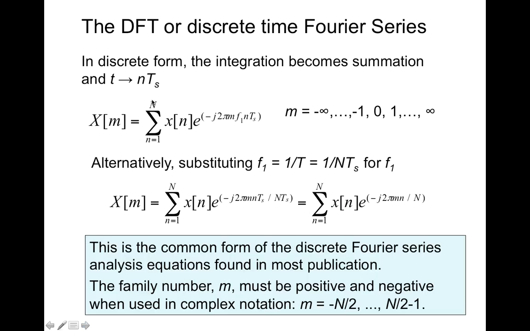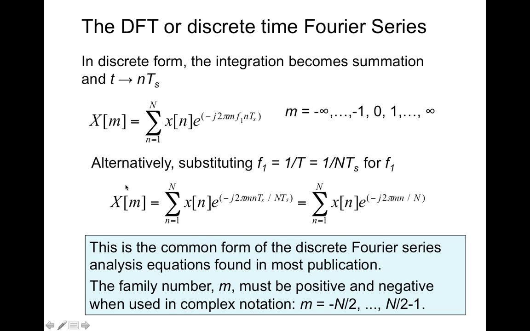And so the discrete time Fourier series becomes a sum of these complex exponentials, and the continuous variable of time becomes the discrete variable of n times t sub s, where t sub s is the sampling time.